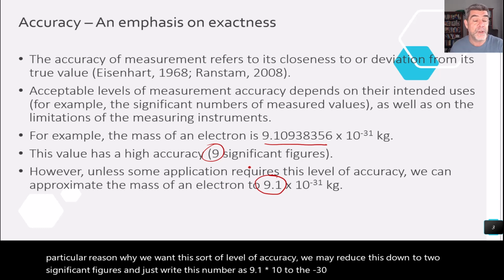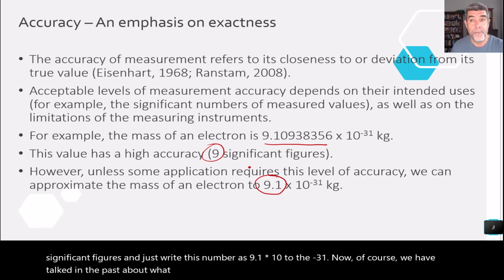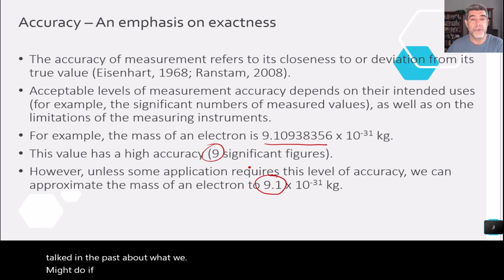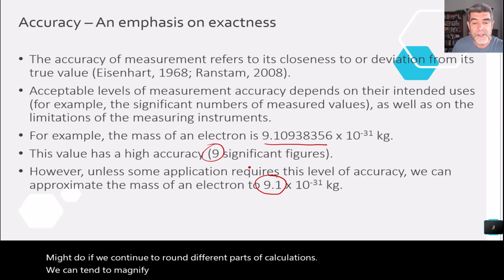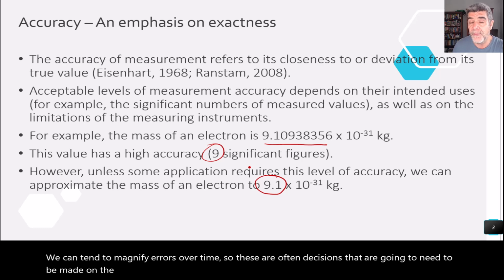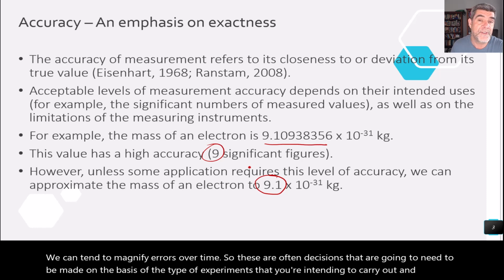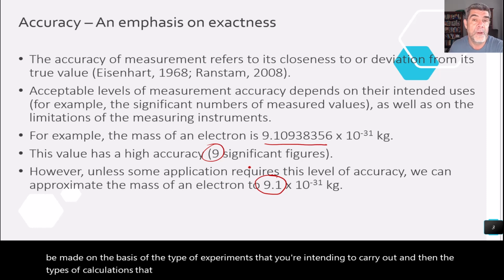Now, of course, we have talked in the past about what we might do if we continue to round different parts of calculations. We can tend to magnify errors over time. So these are often decisions that are going to need to be made on the basis of the type of experiment that you're intending to carry out, and then the types of calculations that you may perform with your data.